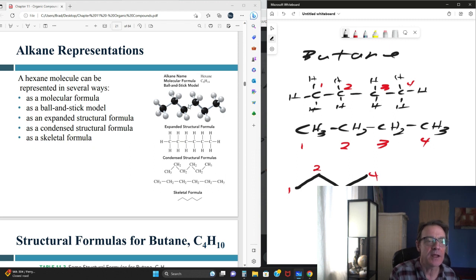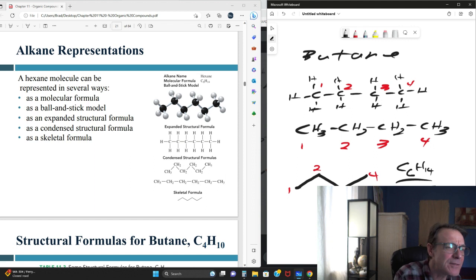You can see way up here on the right, we have hexane indicated by 6 carbons and 14 hydrogens. And then you can represent it in those following 4 or 5 different ways. A condensed structural is kind of the same, just one is a straight line, one is trying to indicate the shape.